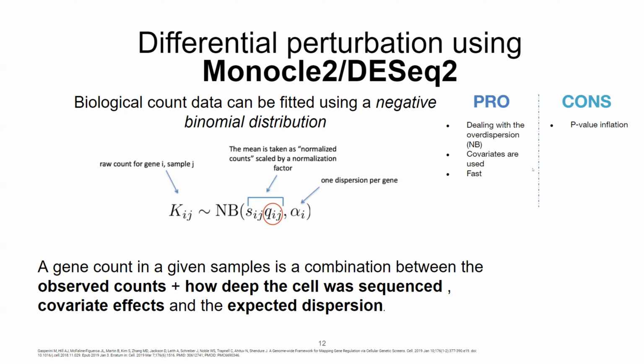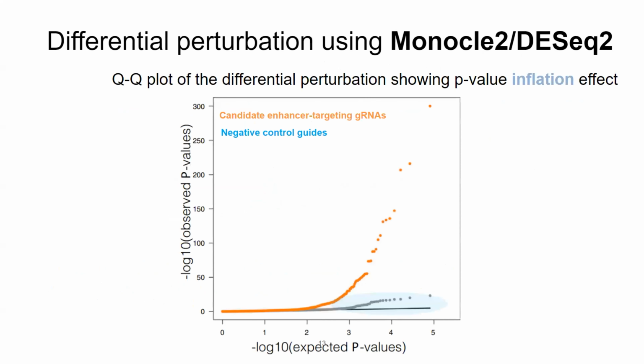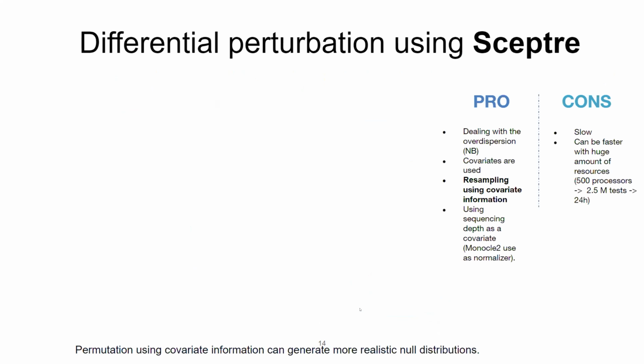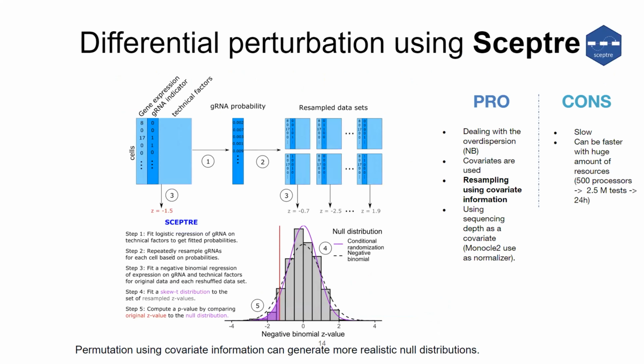Gasperini showed that it's a good technique, but we still have this problem that the Sceptre paper calls p-value inflation. They say that if they take the control guides, which are supposed to not target any region in the genome, you still see those guides affecting genes in cis. That should not happen. So they came up with this tool that we call Sceptre.